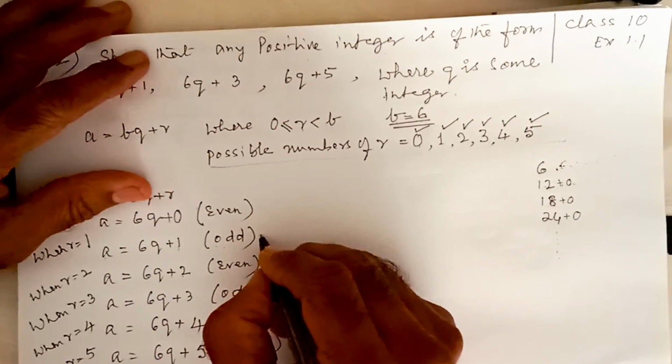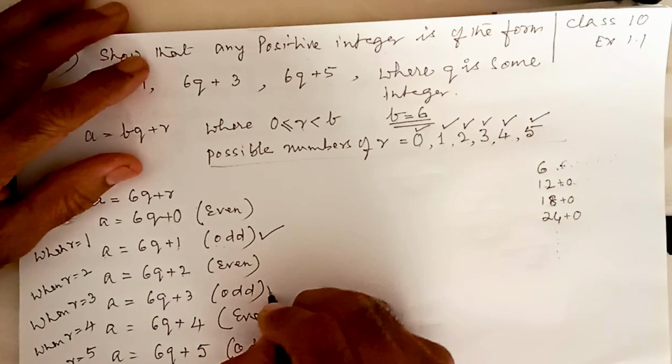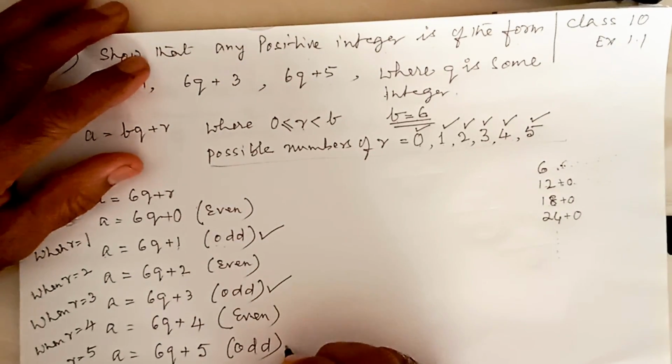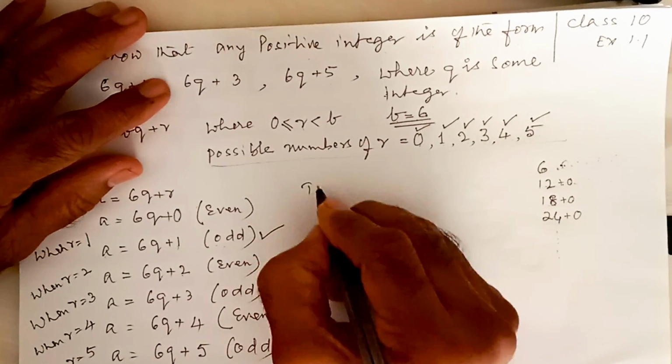You can find out this is one case where you get an odd number. This is the second case where you get an odd number. The third case where you get odd numbers. So you can find out what you find here.